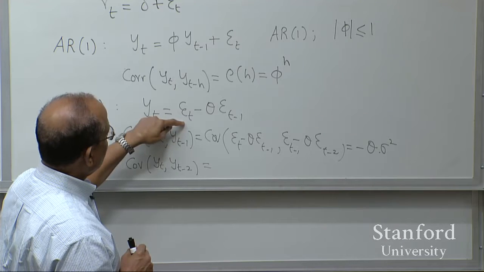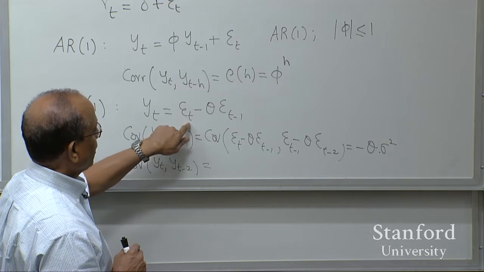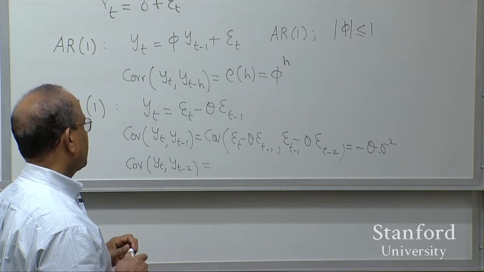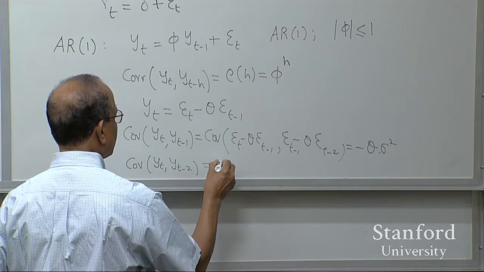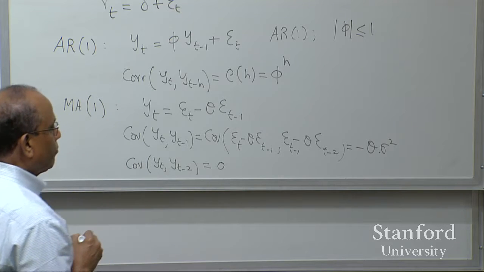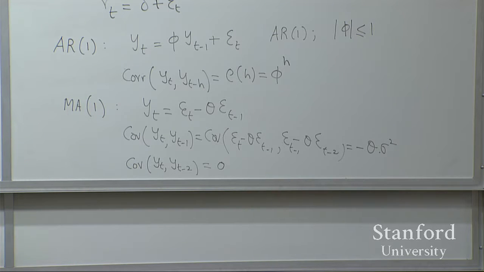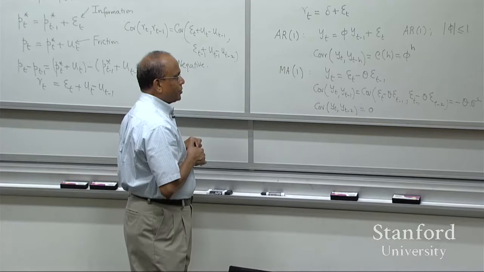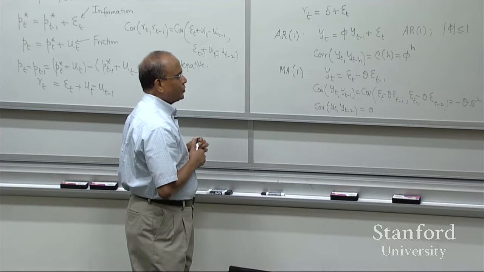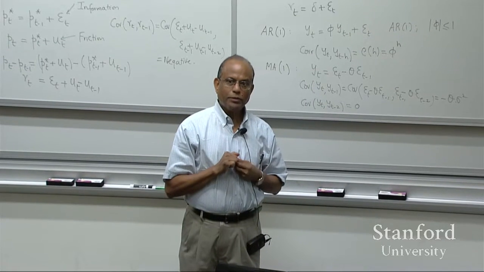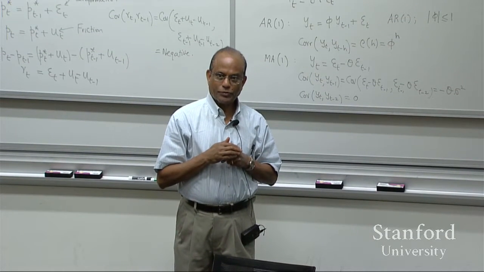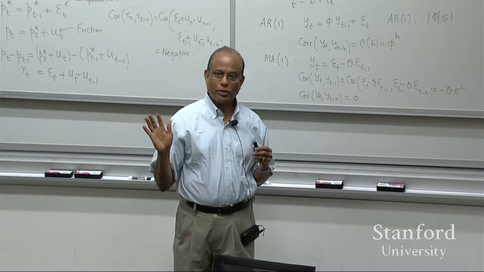Yt minus 2 is going to start with epsilon t minus 2 minus theta epsilon t minus 3. You can show that this covariance is 0. So for the moving average process of order 1, you should see the first order correlation should be non-zero. Rest of them should be 0.